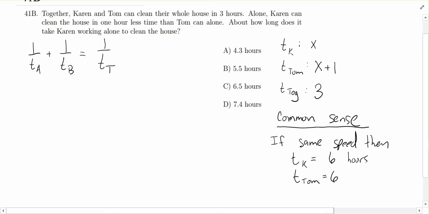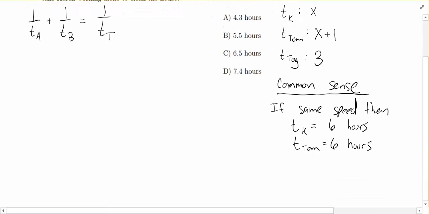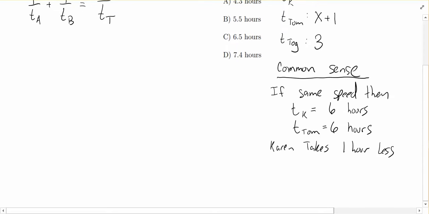Let's put a unit in here. 6 hours alone. So if they worked at the same speed, but they don't, Karen takes 1 hour less. So what that tells me is that Karen takes less than 6 and Tom takes more than 6.